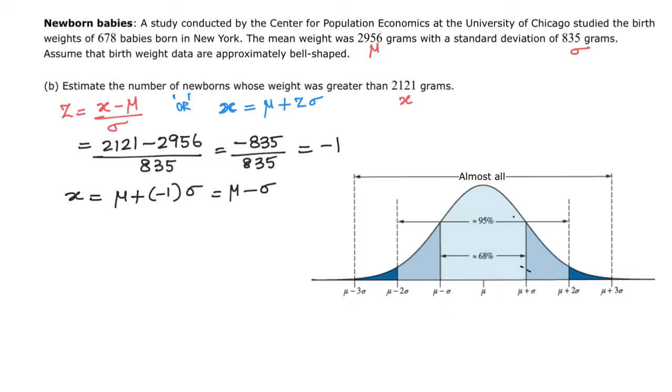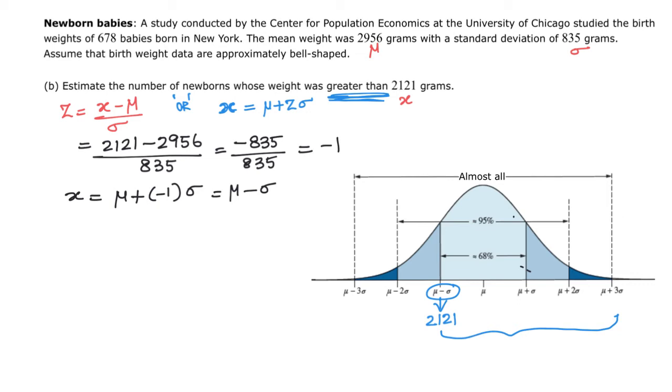This is mu, and mu minus sigma is this value. Now we need to calculate the number of newborns whose weight is greater than this value. Greater than means the right side of this.